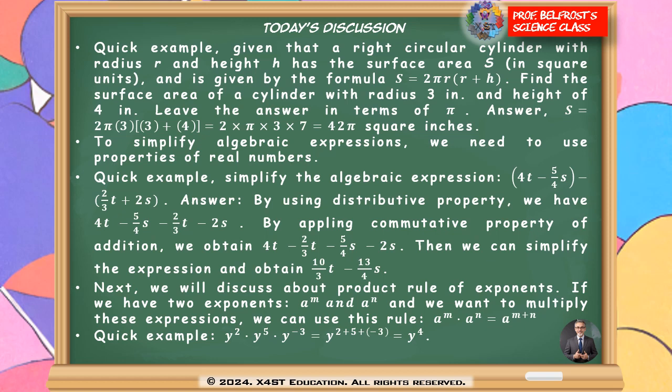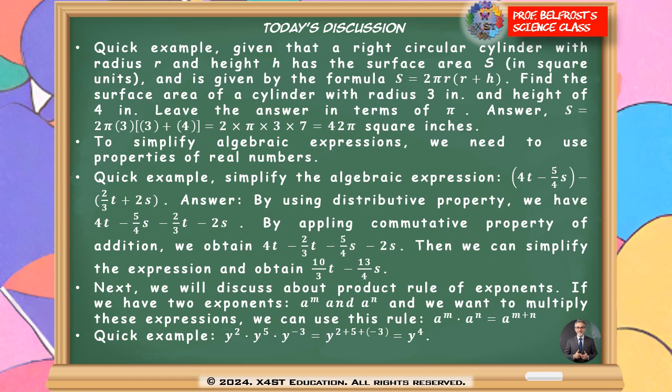Quick example. Given a right circular cylinder with radius r and height h has the surface area s in square units, and you are given the formula s equals 2 times pi times r times the sum of r and h, find the surface area of a cylinder with radius 3 inches and height 4 inches. Leave the answer in terms of pi.